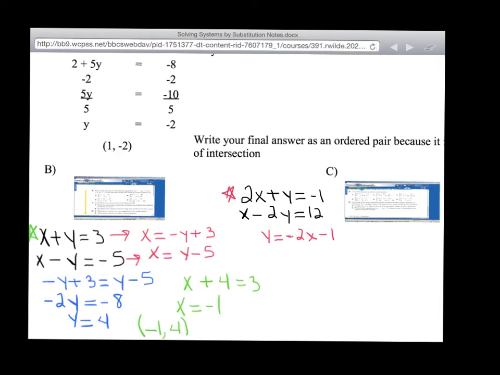At this point, I'm going to reevaluate my next step, and my next step is to plug in this expression, the pink expression, y equals negative 2x minus 1, in for y into this equation here.